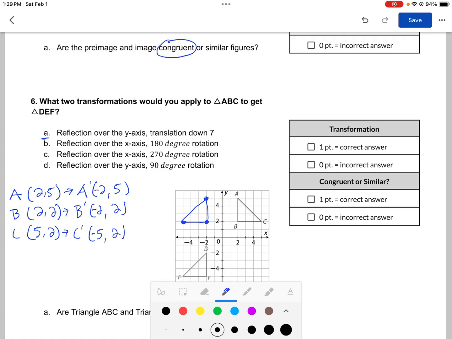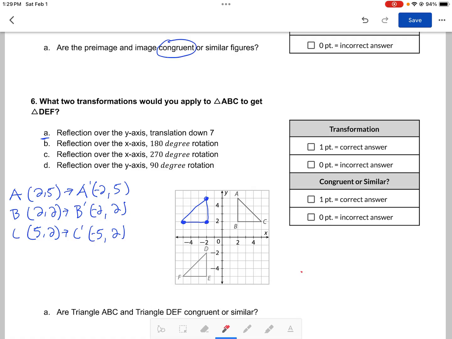Okay, now let's use red. It says a translation of down 7. Okay, so from here, if we translate down 7, remember up and down is my y coordinate, left to right is my x coordinate. So now for A double prime, B double prime, C double prime. For A double prime, if I'm going down 7 units, my x is going to stay the same, but I'm going to subtract 7 from my y, so it'll be y minus 7.